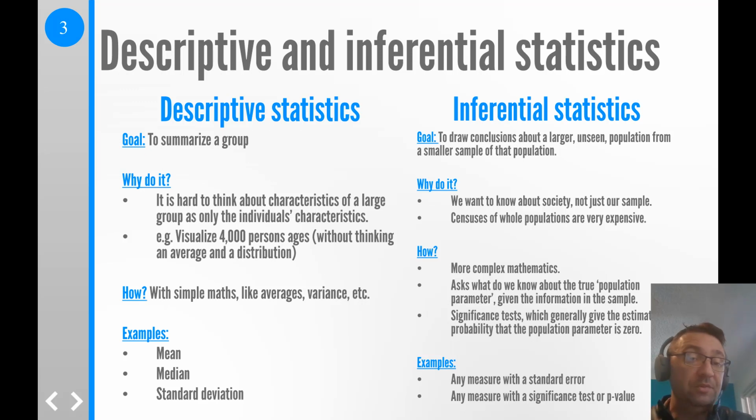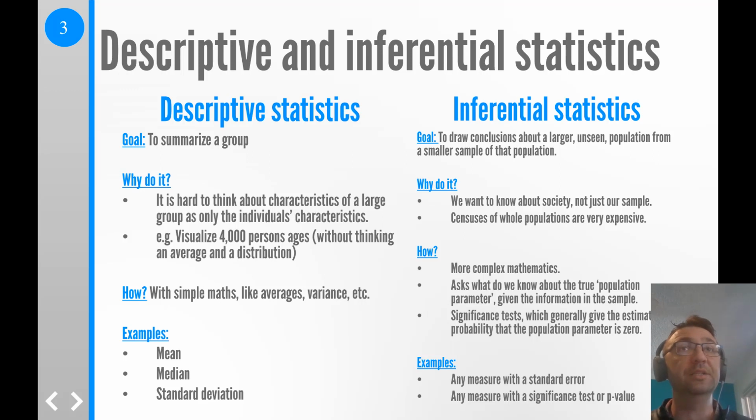And so what descriptive statistics allow us to do is to come up with a few numbers to summarize the many. In particular, the big ones are to have a mean, which is like an average. It's called one of the central tendencies of a group of numbers, and then a standard deviation.